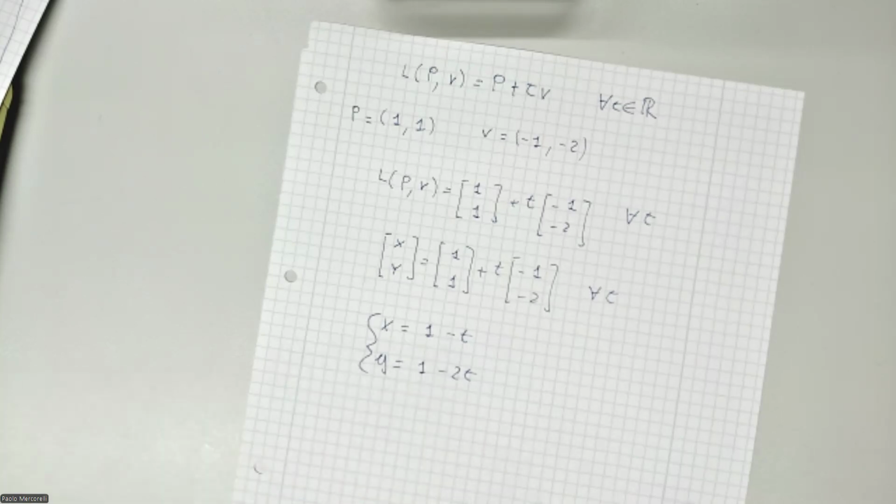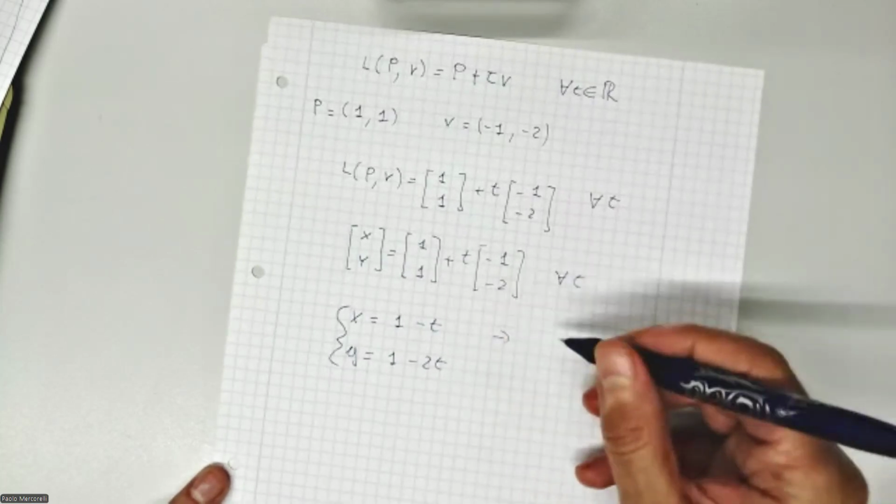Now, if I want to express y as a function of x, what can I do? What do you think? We have three elements, x, y, and t, and two equations. This is possible, hopefully. It is easy to solve. These two equations in terms of t means eliminating t.